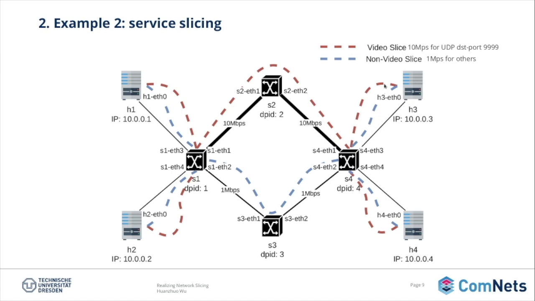The video slice is for 10 megabit per second bandwidth, and the traffic is UDP traffic with destination port 9999. The second slice is the non-video slice, shown in this figure as the blue lines. This slice is for all the other traffic with 1 megabit per second bandwidth.